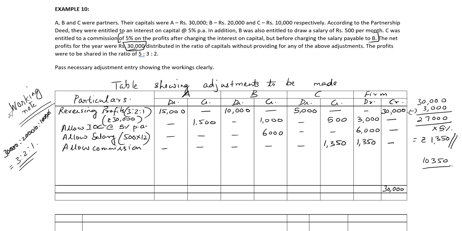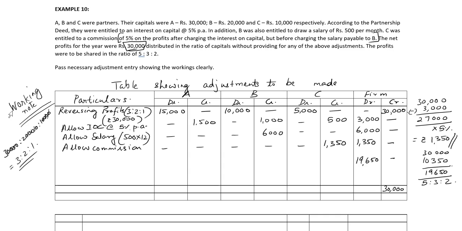So on subtracting this, we get 19,650 rupees. So that I will enter the debit of the firm. This 19,650 should be divided in the correct profit sharing ratio of 5:3:2.